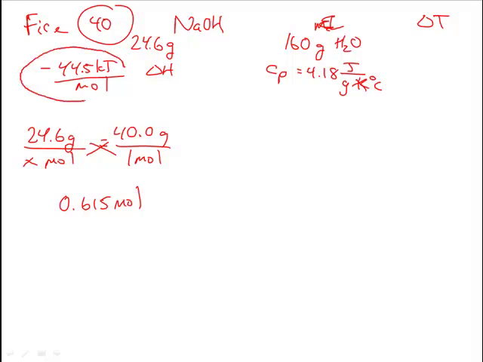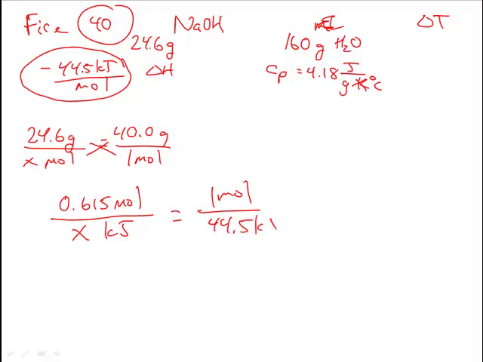Then you use the heat for dissolving this to find the kilojoules produced. So if you had 1 mole, it would produce 44.5 kilojoules. 0.615 times 44.5, and this equals 27.3675 kilojoules.